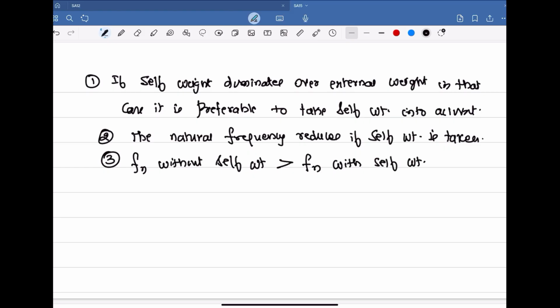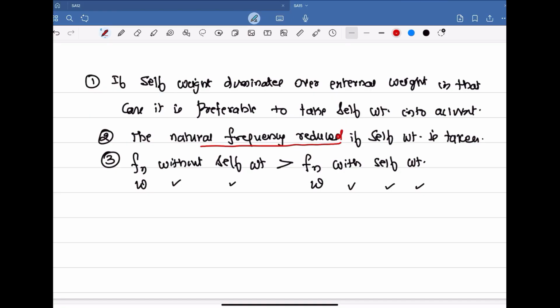Whether you take it in hertz it is Fn, if you take it in radians per second it is omega. Fn or omega without self weight is greater than omega with self weight. That means self weight reduces the natural frequency. That is the most important thing.